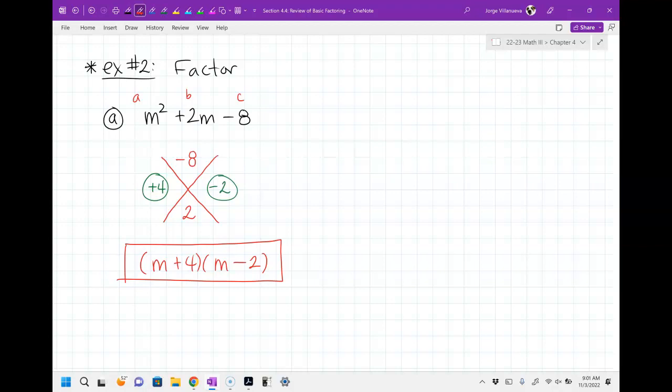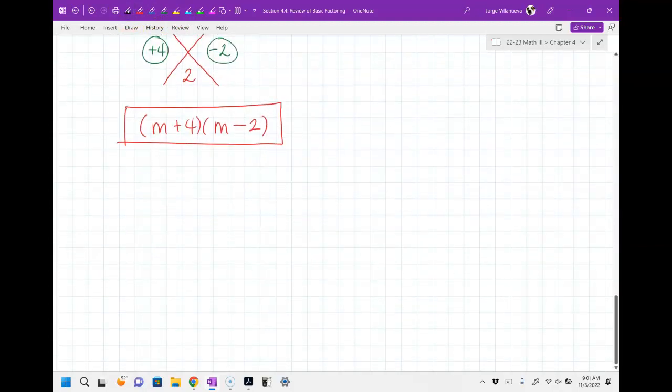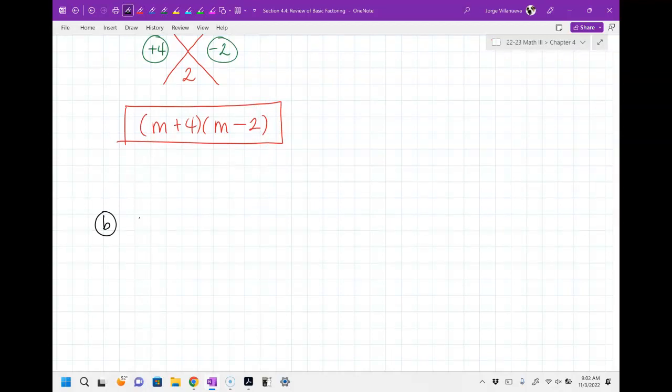We'll do part B here, and then we're going to kind of switch it up a little bit. So n squared plus 17n plus 72. Now I know sometimes those numbers get kind of big, so you may have to use a calculator if you need to.